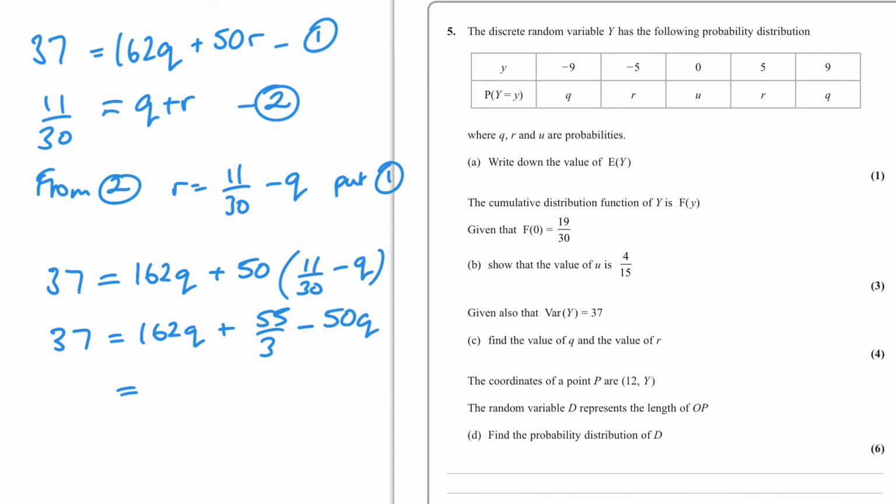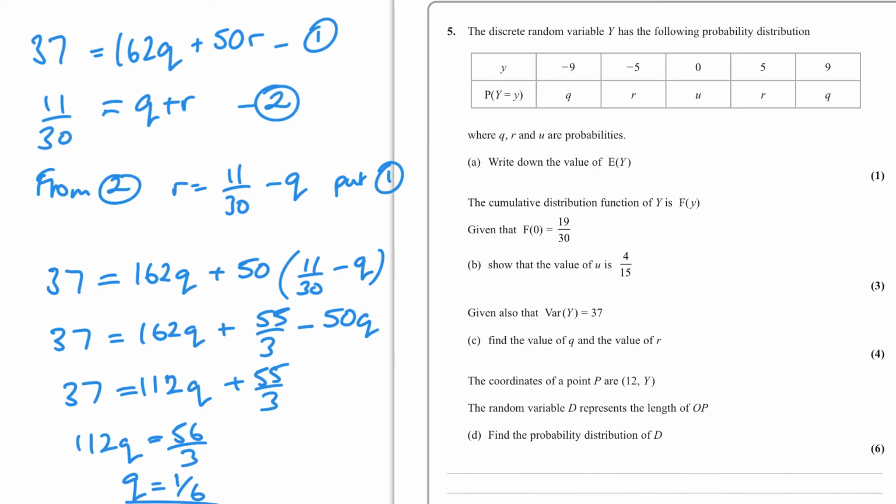Now that will give me 112q plus the 55 over 3, and then I want to take that away from 37. So that gives me my 112q equals 56 over 3. So q is equal to 1/6.